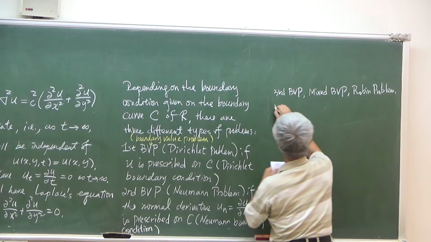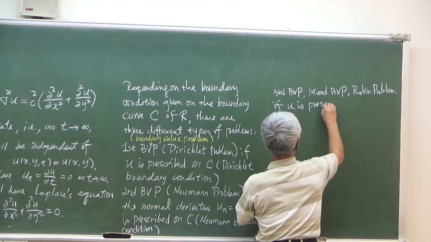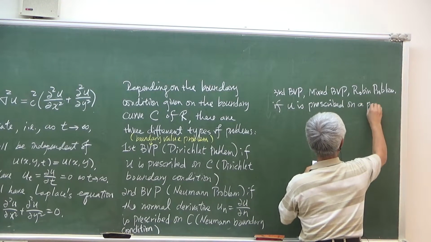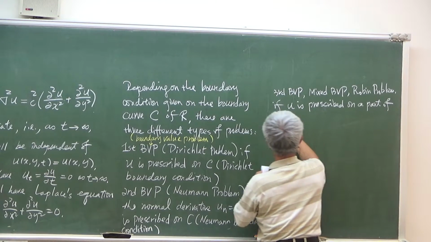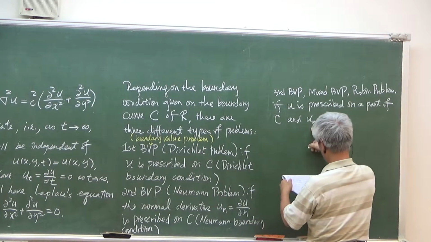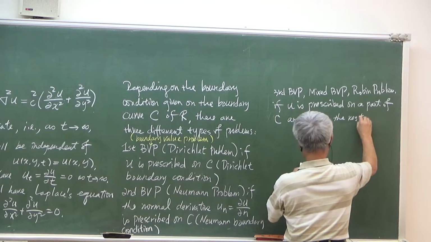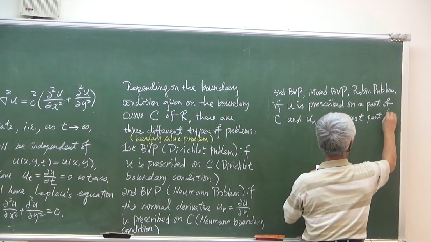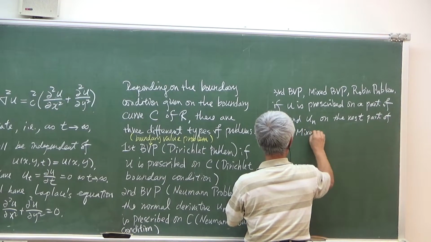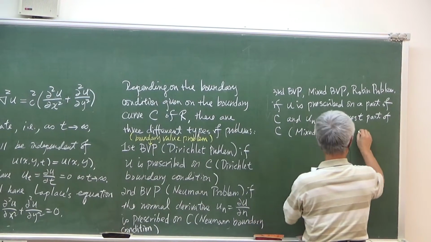If U is prescribed on a part of C, and the normal derivative U_n on the rest part of C, people call this the mixed boundary condition.